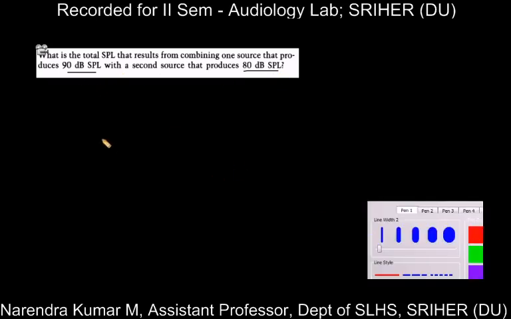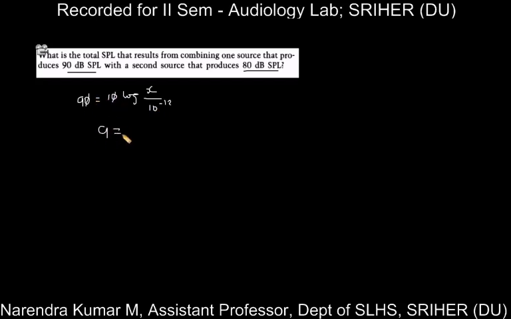Now when there are two non-identical sound sources, we need to convert the relative sound intensity levels or sound pressure levels into absolute values, add the absolute values, then again convert the absolute value into the decibel scale. So here we will be solving the 90 dB into absolute.